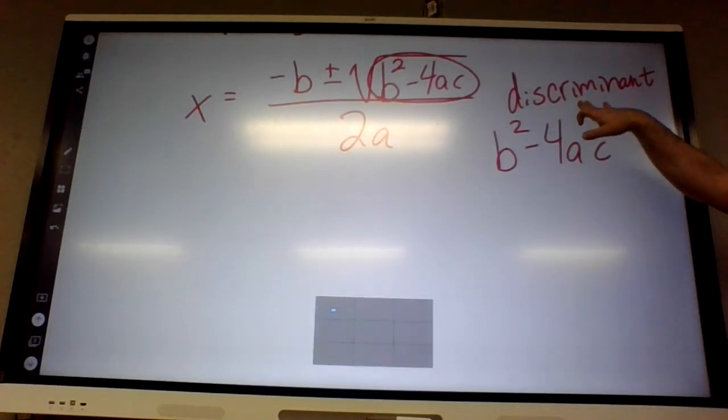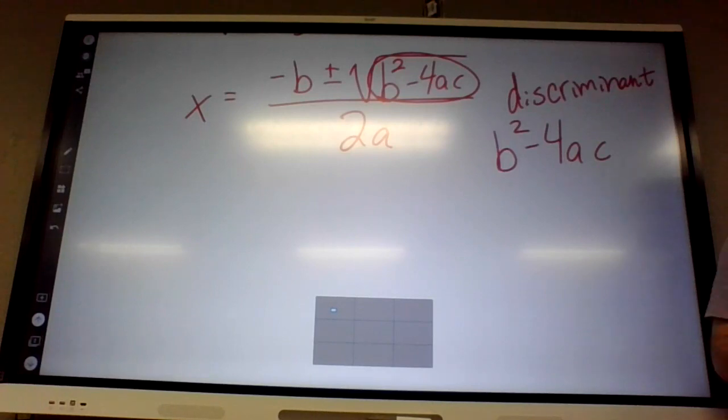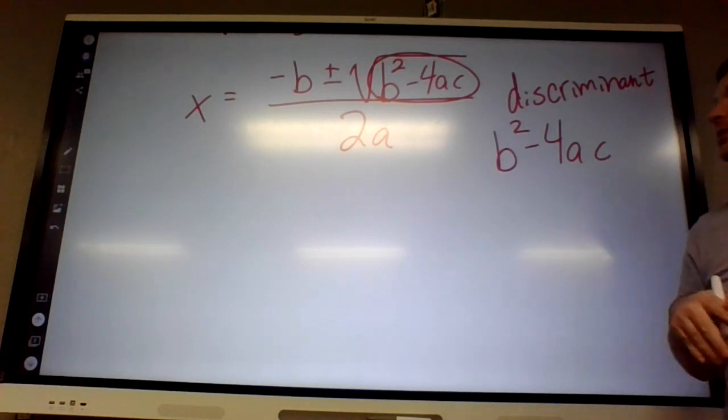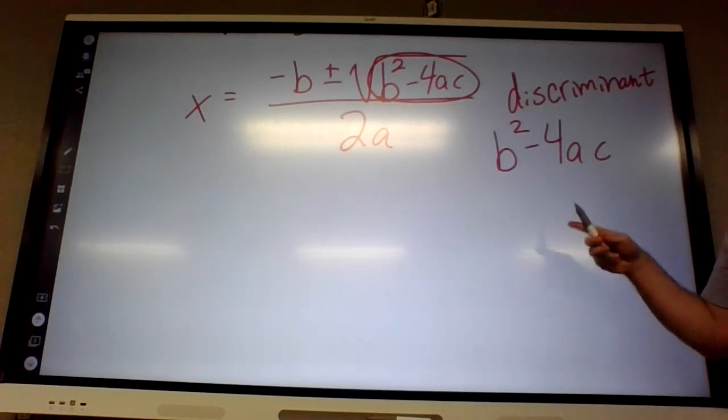But that actually doesn't mean bad things. It means to tell the difference between. So if you're going to the bathroom, you want to discriminate between the boys' bathroom and the girls' bathroom, so you don't go in the wrong one. So it's not necessarily a negative word, it just depends on the context.